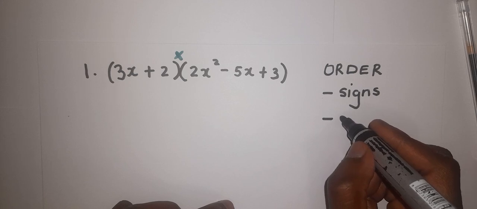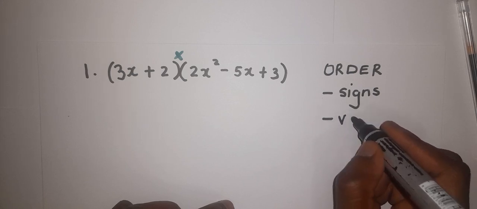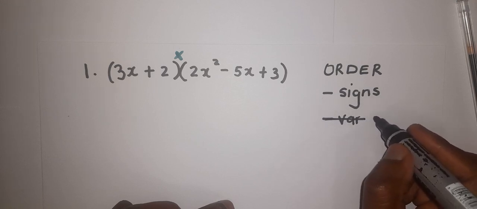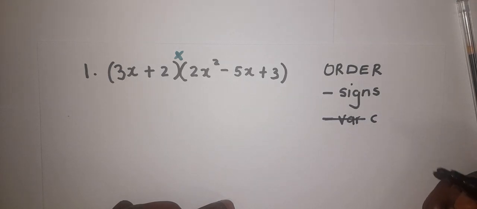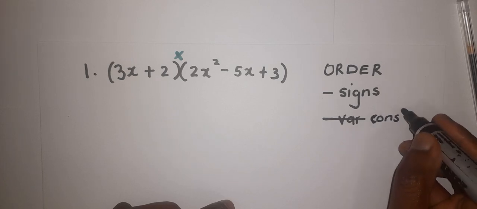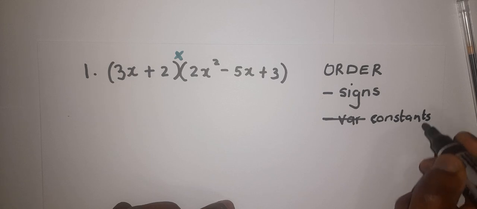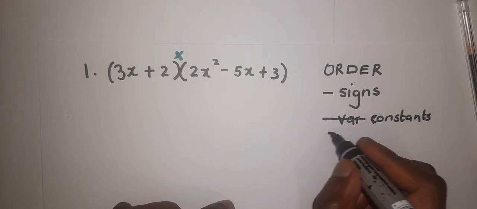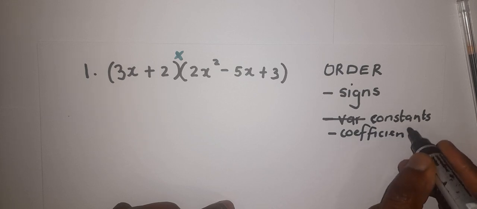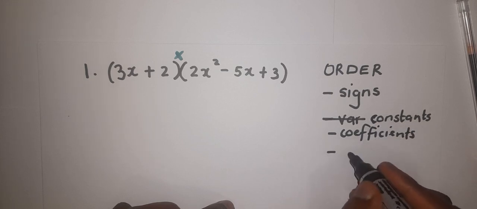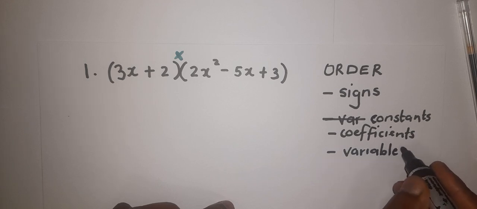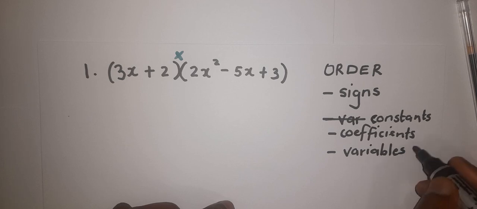I follow with the numbers, the constants. Sometimes we can look at the constants as the coefficients of these variables. And then lastly, we look at the variables themselves. So I multiply the variables last.